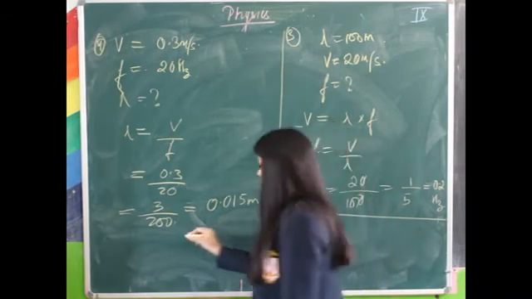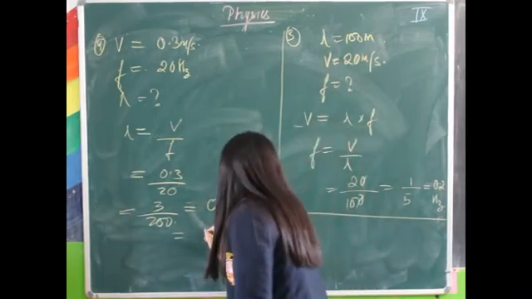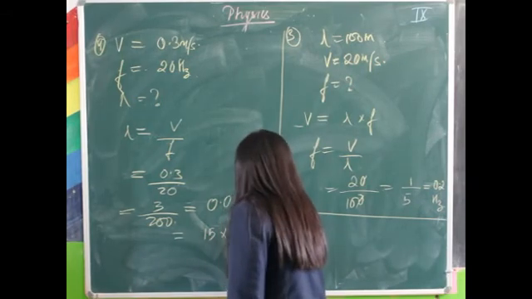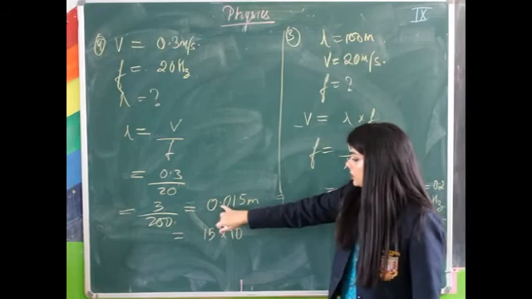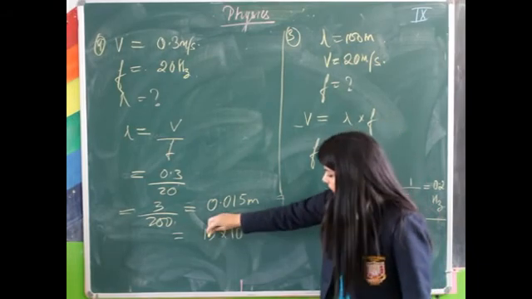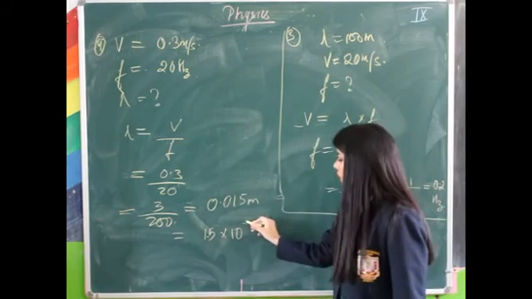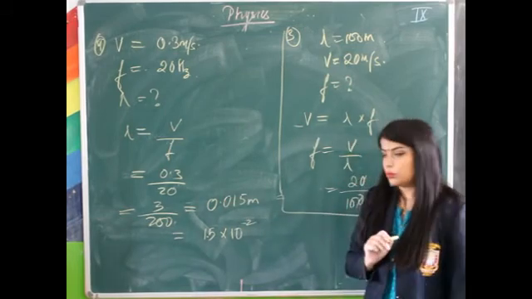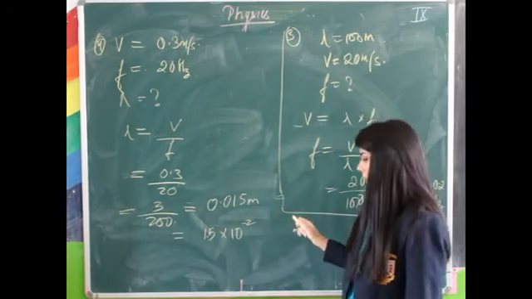Or in your book, it might be written this way. Suppose this is 15, and if you remove the point, how many zeros can you write over here? If you displace the point by crossing two digits, it will be minus 2. If you are going forward, it will be plus. If you are moving backward, it will be minus.